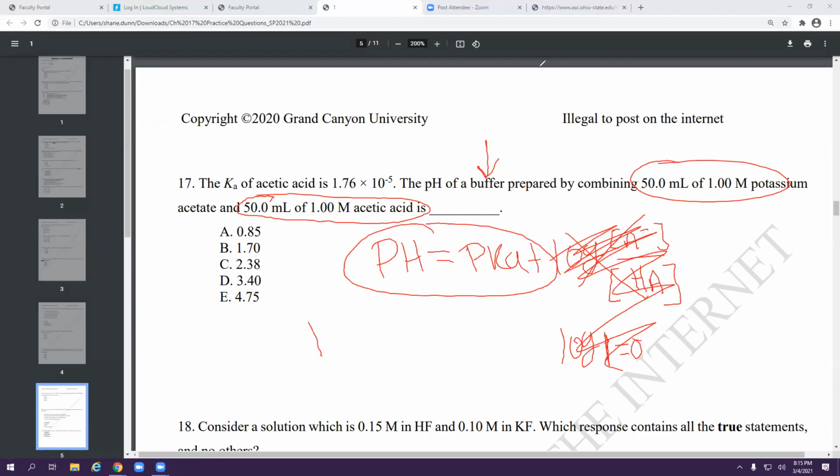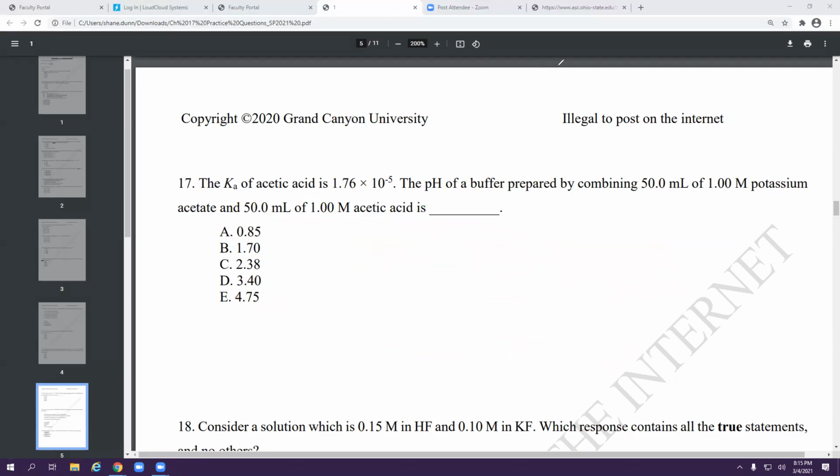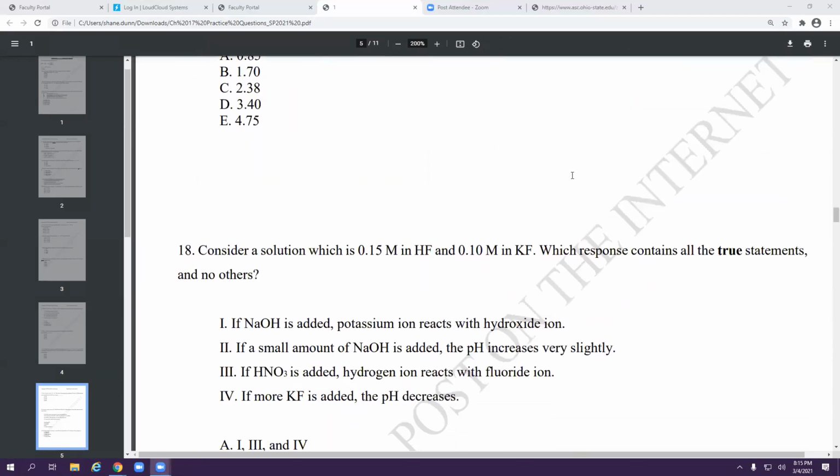So if you take pKa, which is the negative log of 1.76 times 10 to the negative fifth, you'll get the answer, which is E again. That makes sense? Okay. That's why it's nice when the buffer has equal parts weak acid and conjugate base, or weak base and conjugate acid.